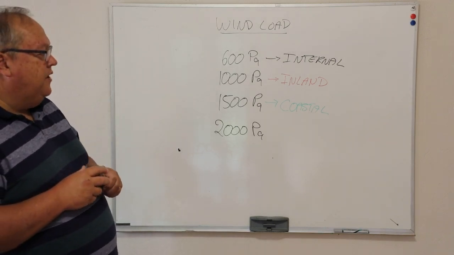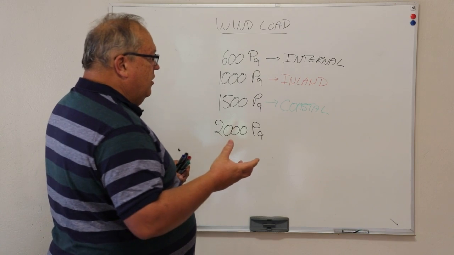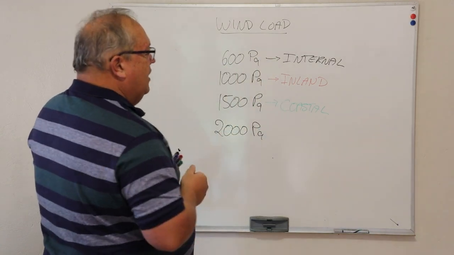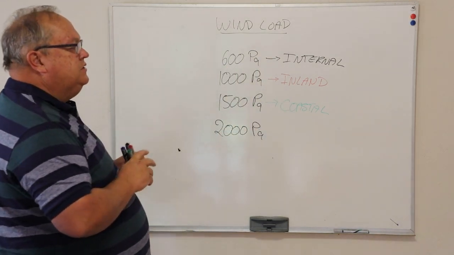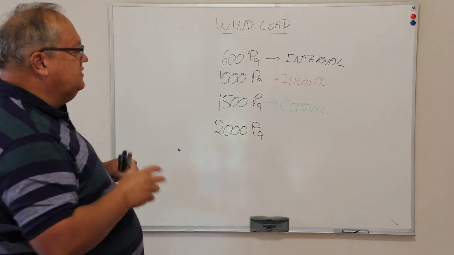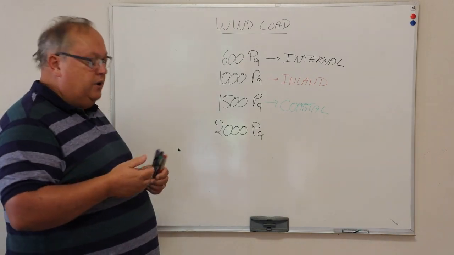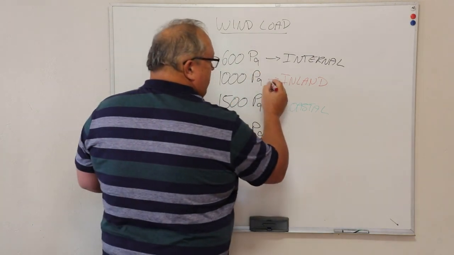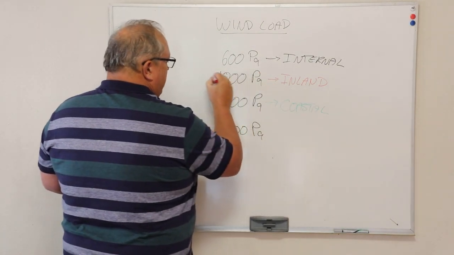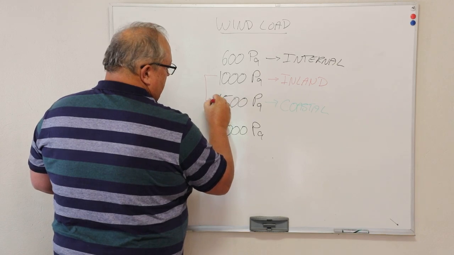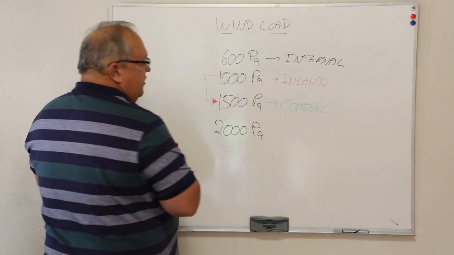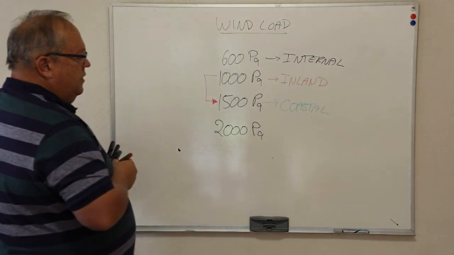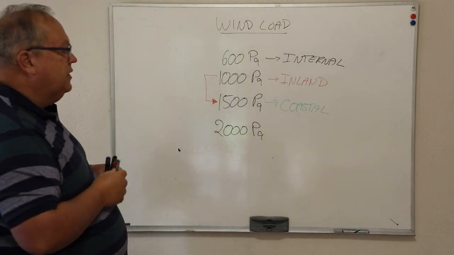In other words, if I'm working inland, but say I'm putting up a house in the middle of the Karoo, there's very few trees around, the land is flat, there's nothing to restrict that wind, then I need to move my specification from 1000 pascals, I need to up it to 1500 pascals. And the same thing applies in the coastal belt.